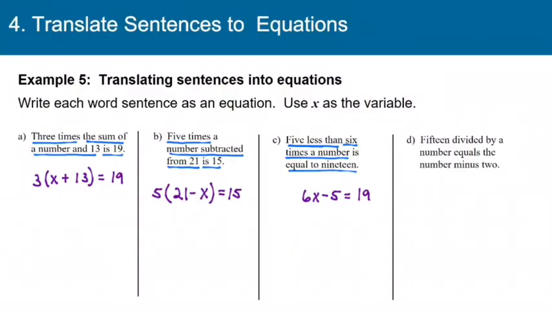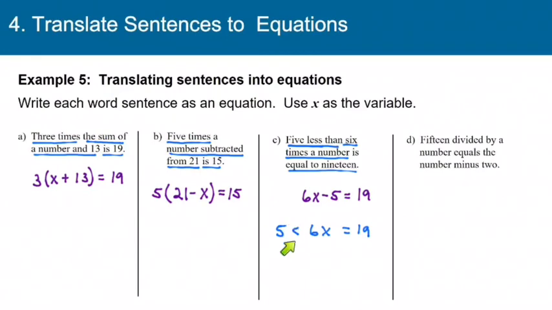Now I have seen some people before try to use a less than symbol here. Like they might want to say 5 less than 6 times a number equals 19. But this doesn't make sense. For one thing, because it's got an inequality symbol and an equality symbol, and you can't have something like this in an equation.